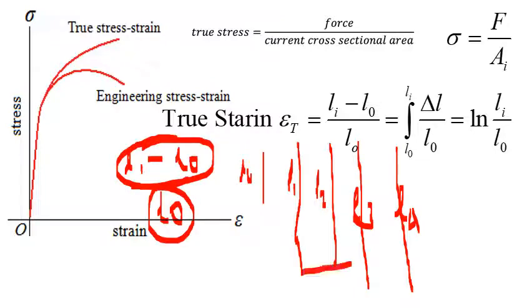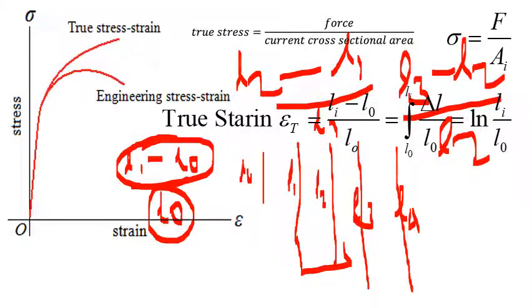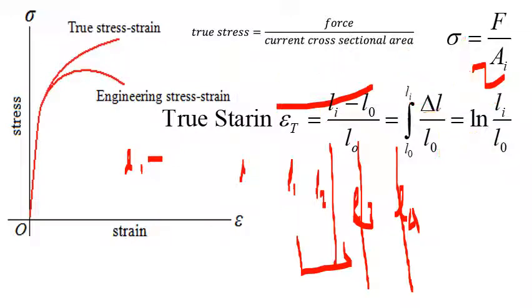If I consider the next pair, I write L2 minus L1 divided by L1. If I consider the next two, I write L3 minus L2 divided by the original, L2. The ratio keeps on continuing. To find the summation of these increases in length, we write the summation of Li minus L naught divided by L naught, plus L1 minus L naught divided by L1, or L2 minus L1 divided by L1, like that.